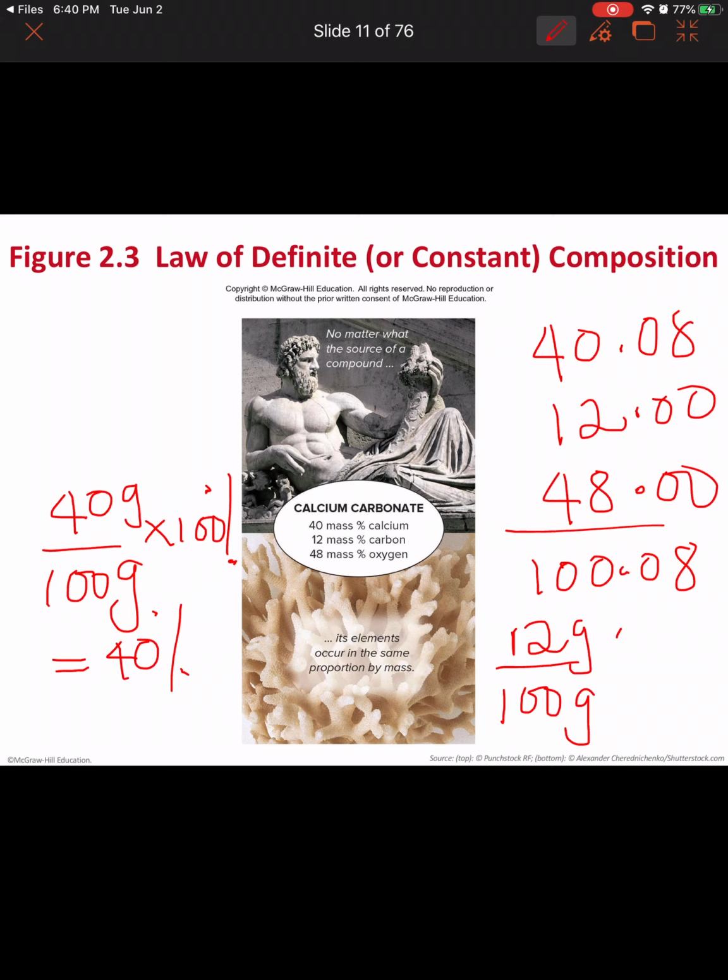And this is for carbon. You multiply it by 100. That will give you mass percent of carbon. Similarly, oxygen would be 48 mass percent. So since calcium carbonate composition doesn't change, always these percentages would remain no matter what the amount of sample you are taking.